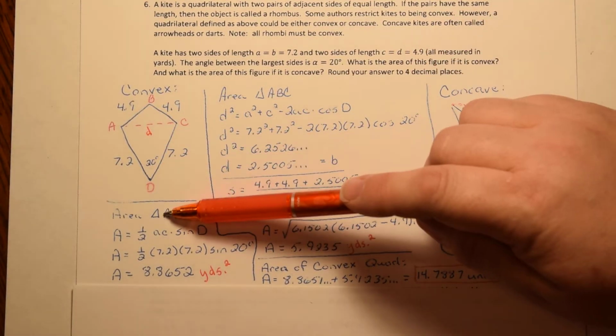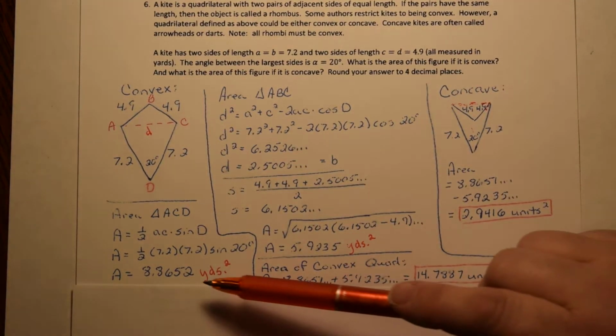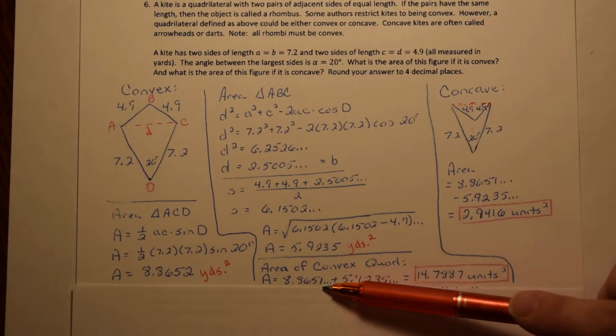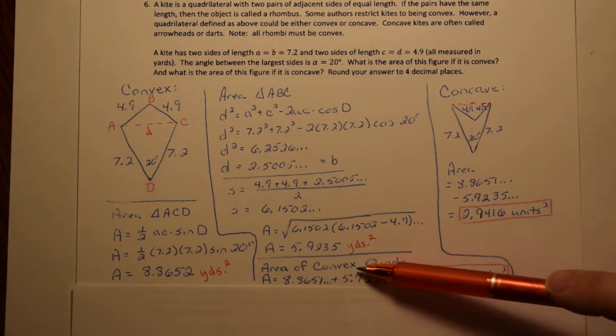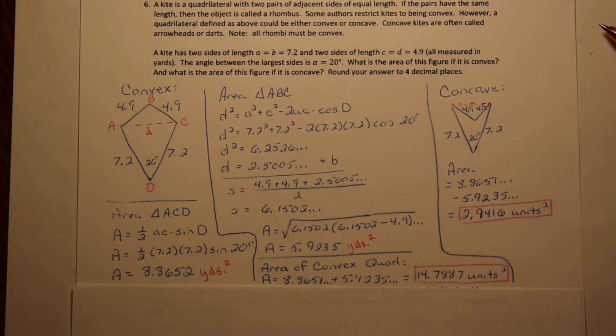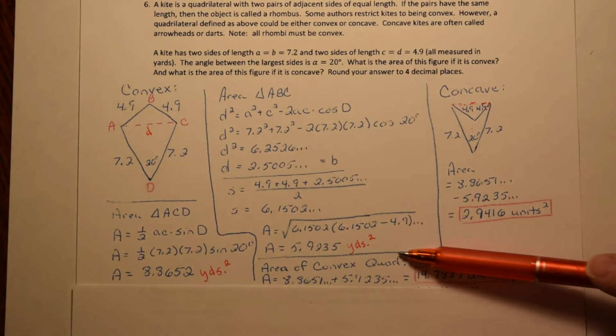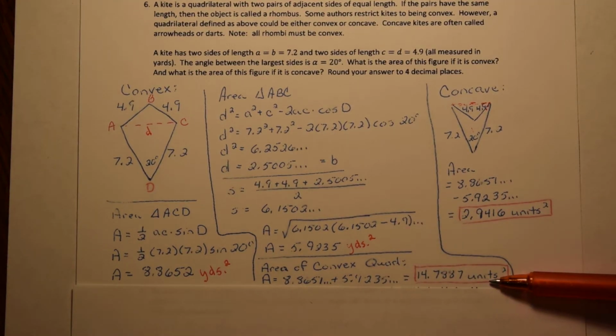We know the area of the bottom triangle, so we need to add them up. So 8.8 and so on plus 5.9 and so on is equal to 14.7887 square units. Okay, so that takes care of the convex kite.